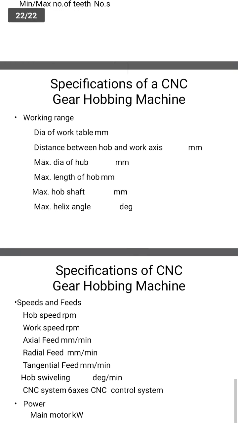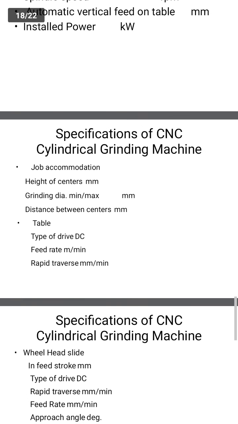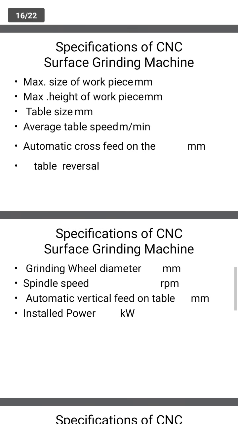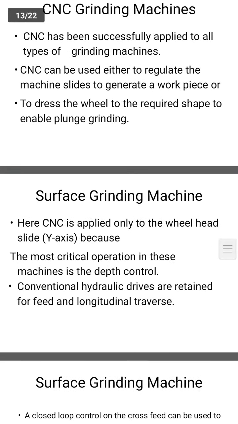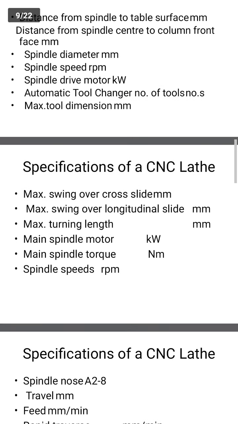These specifications are needed to buy a machine and to run the machine. First of all, we should check whether these specifications are proper for our job. Checking specifications is most important, whether the machine will be stable or not. The work which we do should be without failure, and it should be stable all the time.